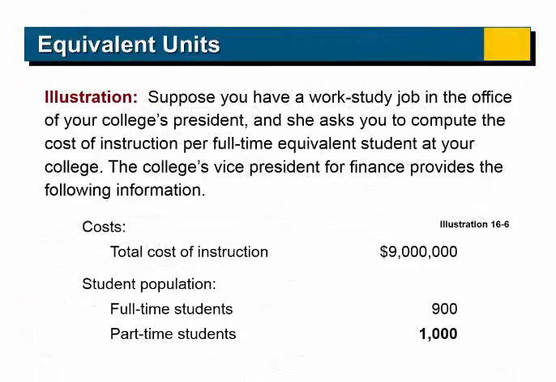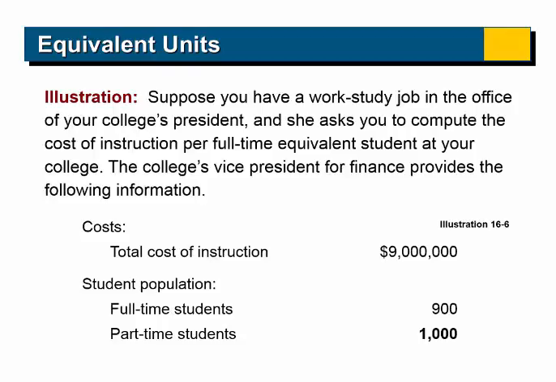Suppose you have a work-study job in the office of your college's president, and he or she asks you to compute the cost of instruction per full-time equivalent student at your college. And it is this equivalent concept that we're trying to be able to calculate a number.